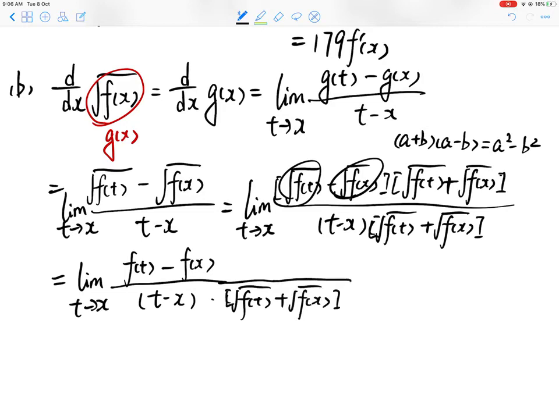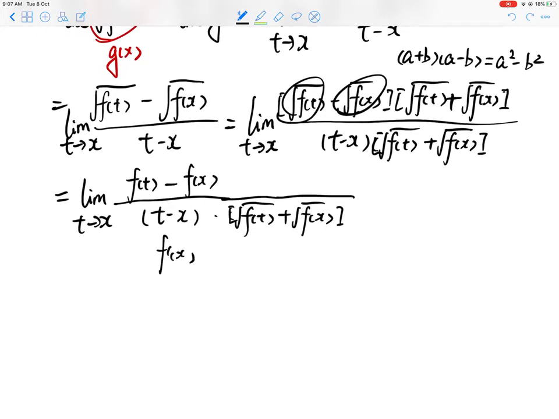Then this part is exactly the definition of f prime x. And this part, we can do the substitution. Why? Because when you substitute t equals x, it changes to f(x).